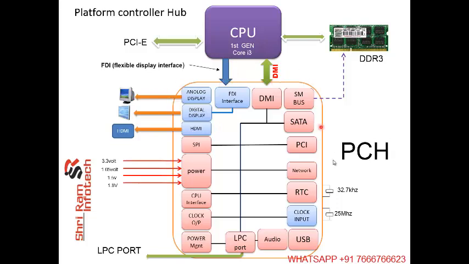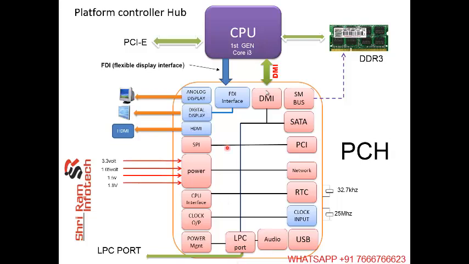In this PCH, the PCH requires this level of power: 1.8, 1.5, 1.05 and 3.3. And the RTC also requires a CMOS battery. And the clock goes into the PCH. In the Core Studio, there is a separate clock chip that we saw.